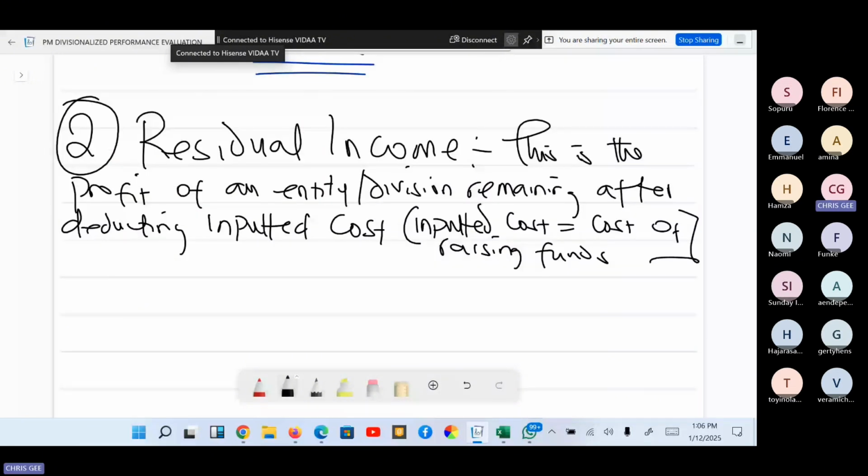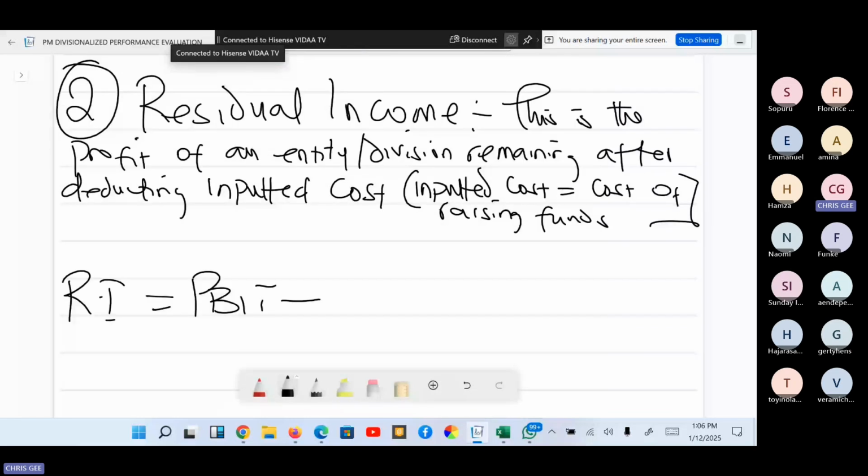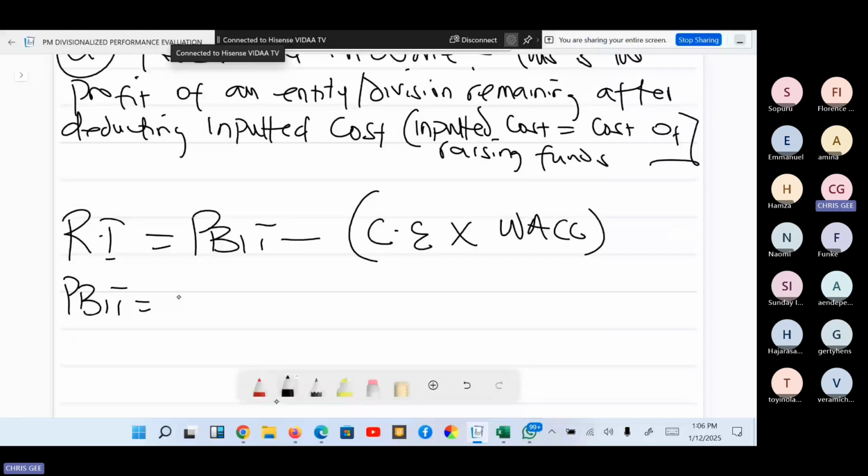And residual income equals profit before interest and tax minus capital employed multiplied by WACC, where PBIT is, as in your note, profit before interest and tax.